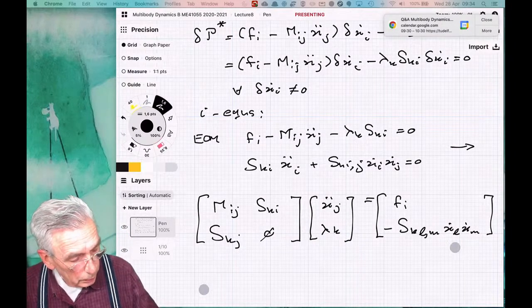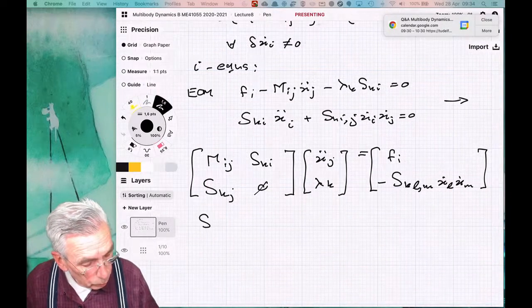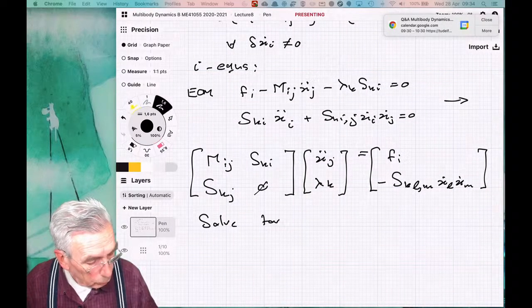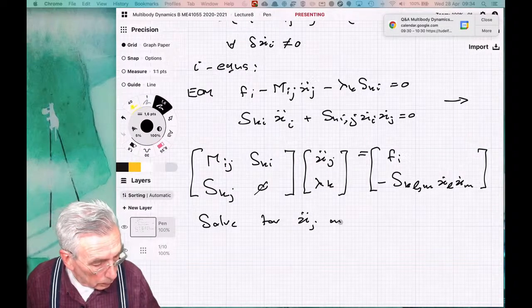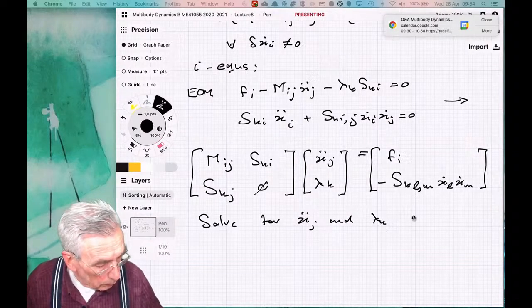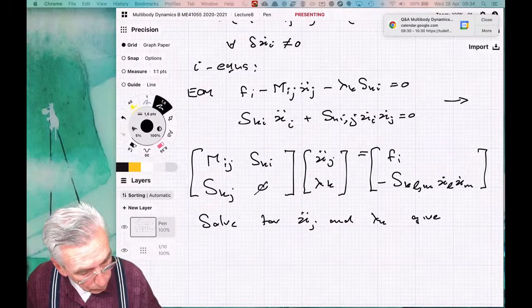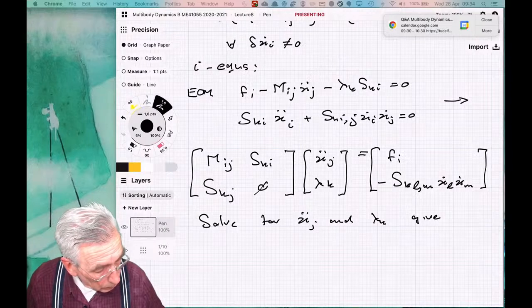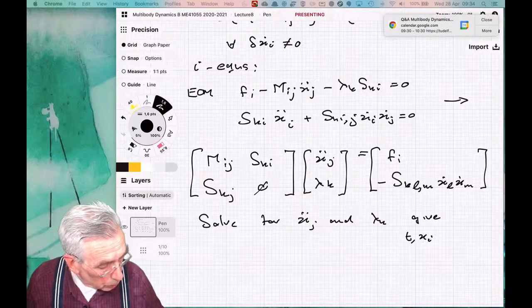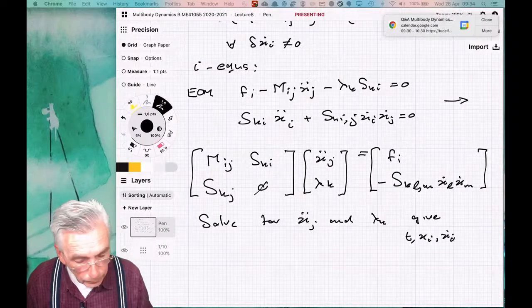Okay, now that's easy. So then we can solve for x double dot j and lambda k given the time, the positions, and the velocities.